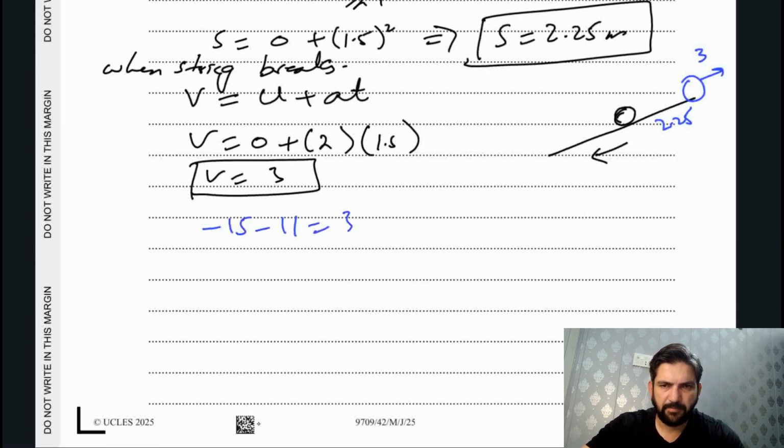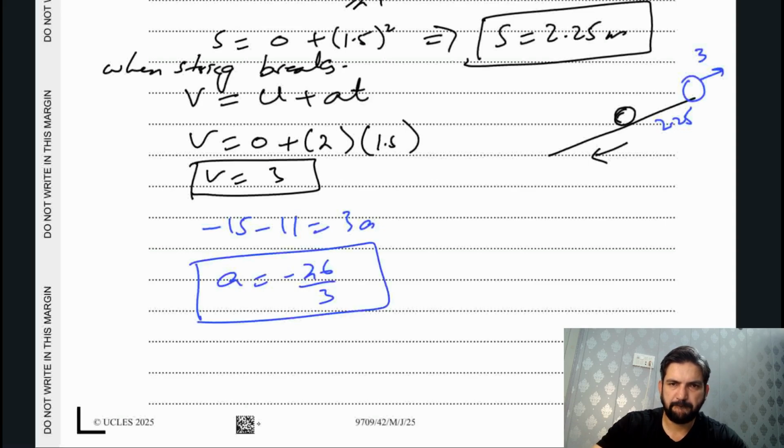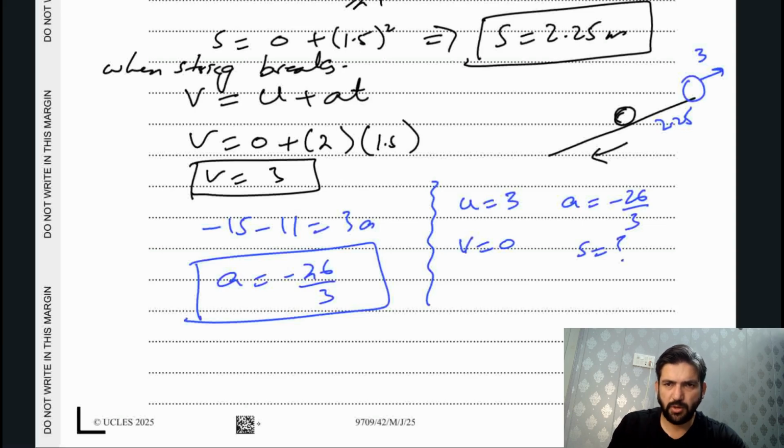This will be 3a, so a will be equal to minus 26 by 3. So now let's conclude it. We know that the initial velocity is 3, acceleration is minus 26 by 3, final velocity is 0, and we need to find the distance.